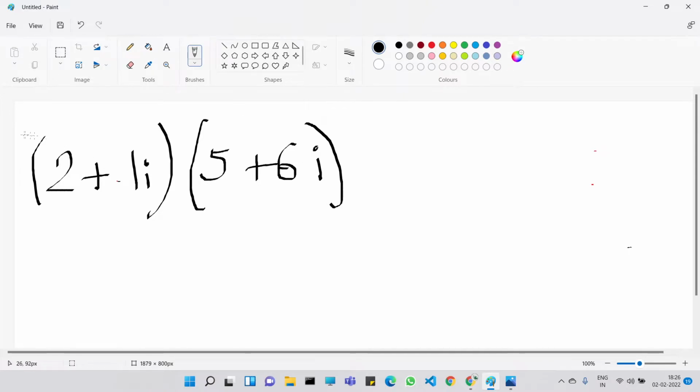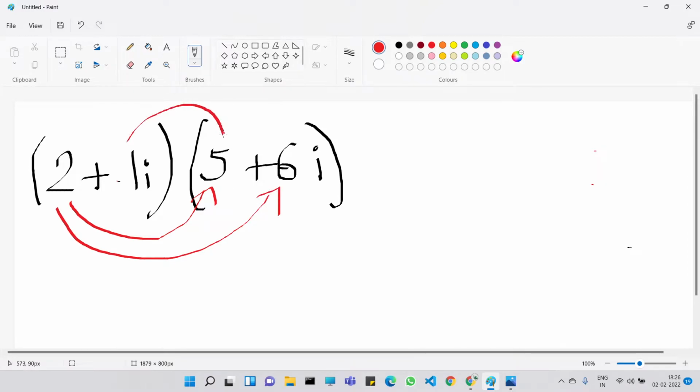So it's like (a plus b) into (a plus b), similar to that way. So we'll be multiplying the 2 first with 5, then the 2 with 6i, similar to that way, 1i with 5, then 1i with 6i.